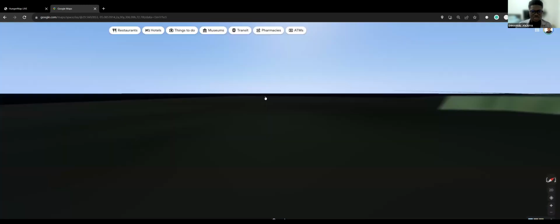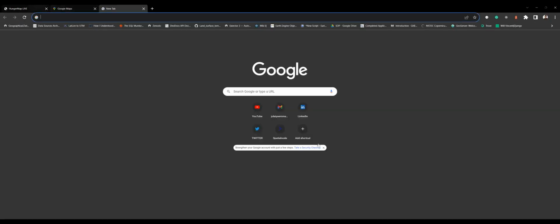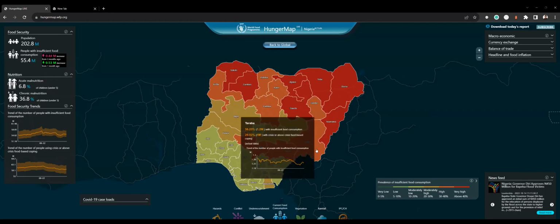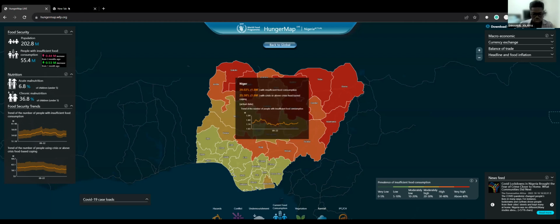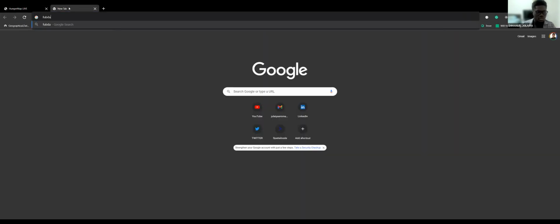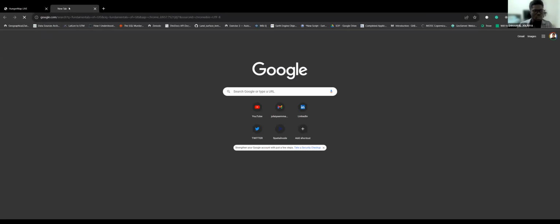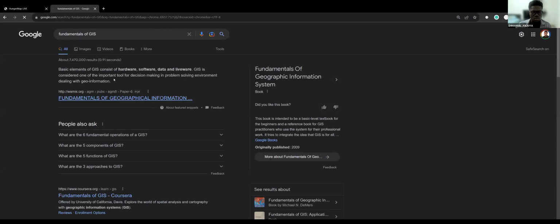Another question is, which book do you recommend for studying to understand the basics of GIS better? So there's this book I recommend. Just search for fundamentals of GIS on Google.